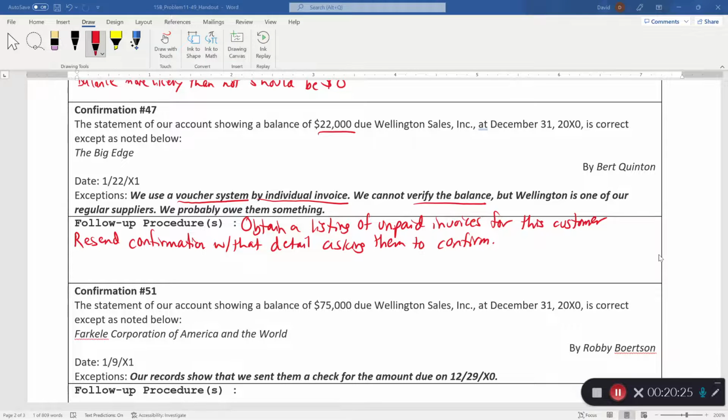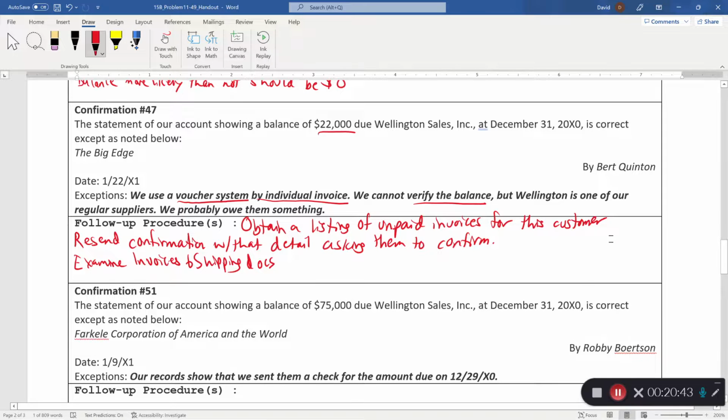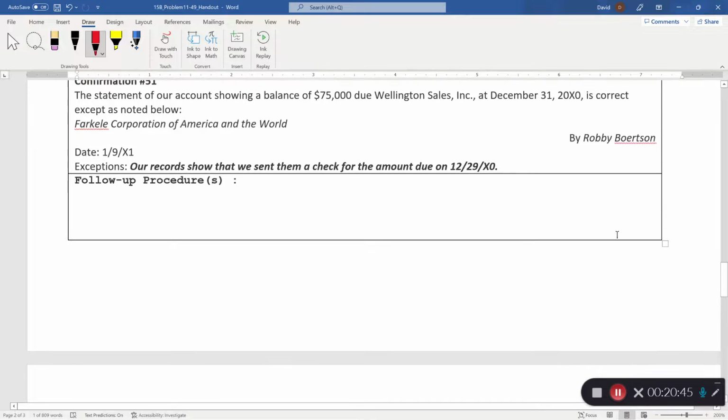Now, obviously, depending on how long these things take, we can also examine invoices and shipping documents to get some additional evidence in the meantime. It kind of depends on how late we are in the process. All right, confirmation 51.